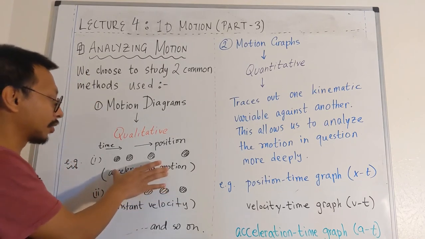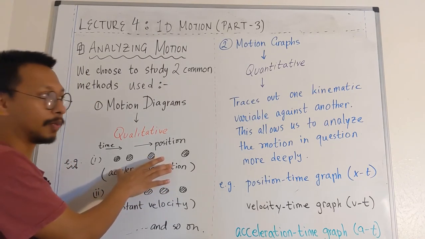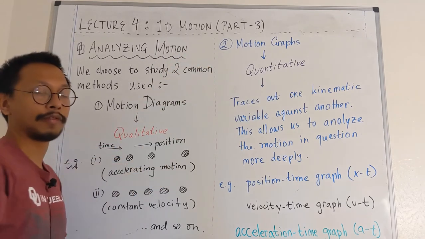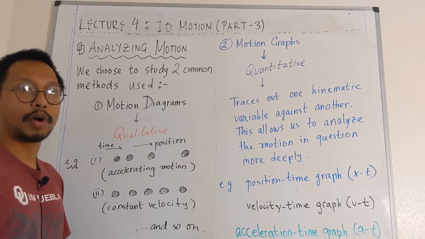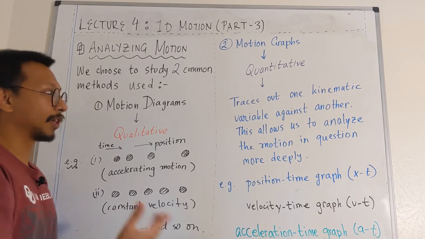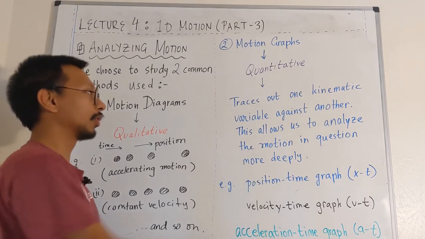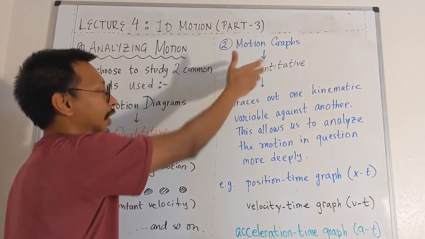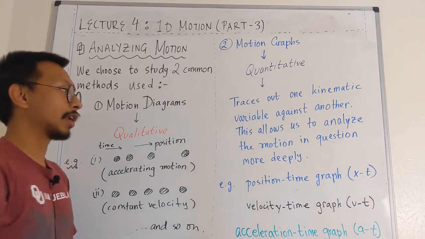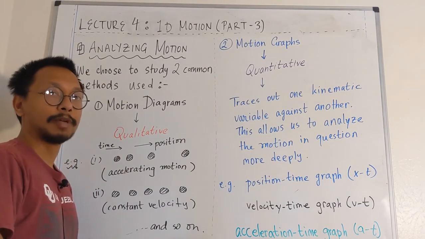So this motion could be traced out using a motion graph to give it a more quantitative picture. What motion graphs do is allow us to analyze the motion in question at a deeper mathematical level.